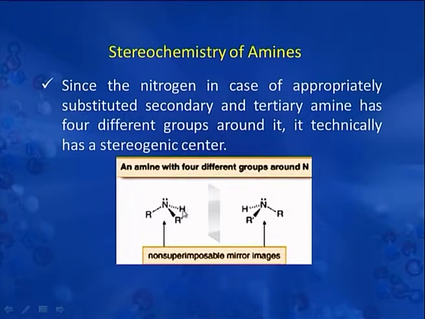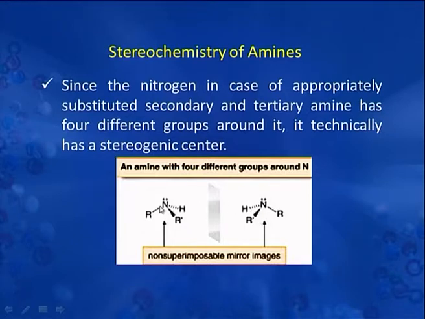Whereas, if an appropriately substituted secondary amine, like in this case, is taken, that is, one substitution is a hydrogen and the other 2 are different alkyl groups, then this molecule forms a non-superimposable mirror image. And if a non-superimposable mirror image is formed, then we say that the molecule can show optical activity.